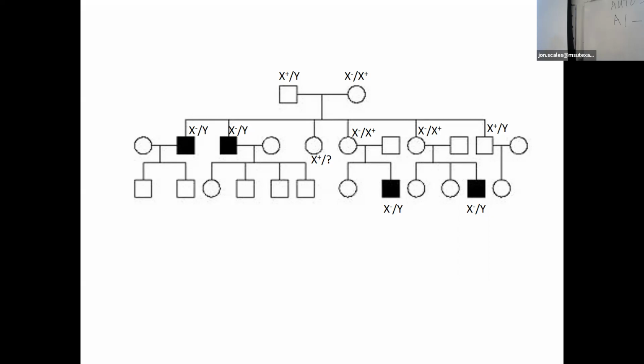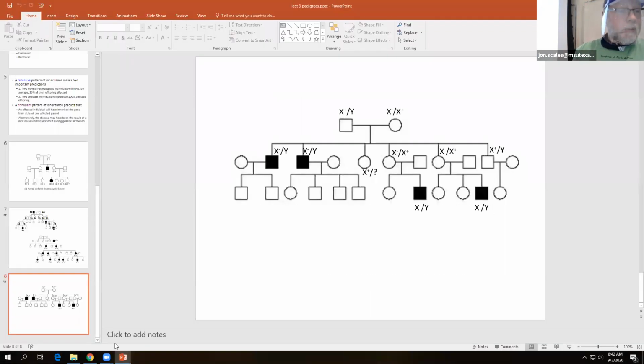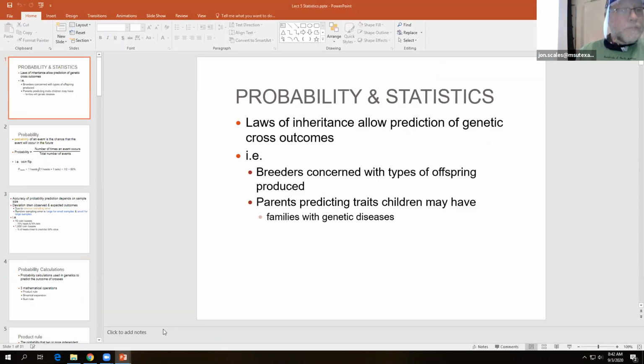Can I look at my future husband's or sperm donor's pedigree and see if he had any colorblind people in his pedigree, to see if he might carry that mutant allele, and then what's the probability, if he does, that I might have kids, or what's the probability that if he doesn't, that my kids won't. So it might be a predictive thing, and that means you need to understand some probabilities. So that's where we want to go now and talk about probabilities and statistics.